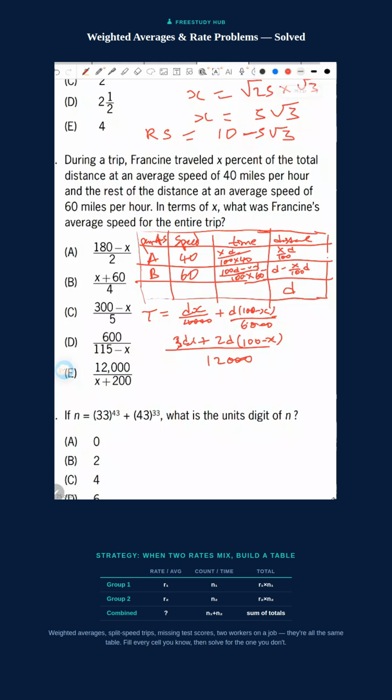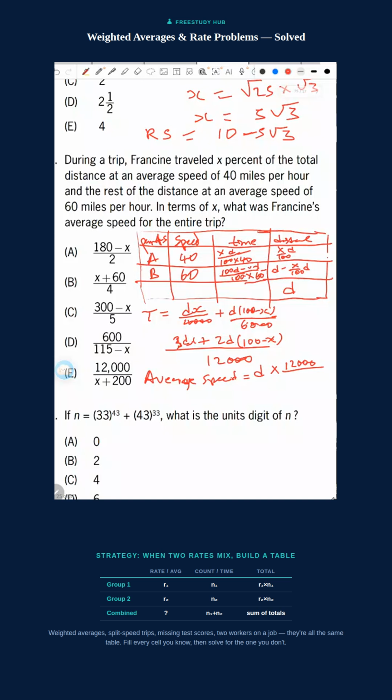Average speed will be the total distance. Not going to waste time, I'm going to invert this. So this will be times 12,000 over this.